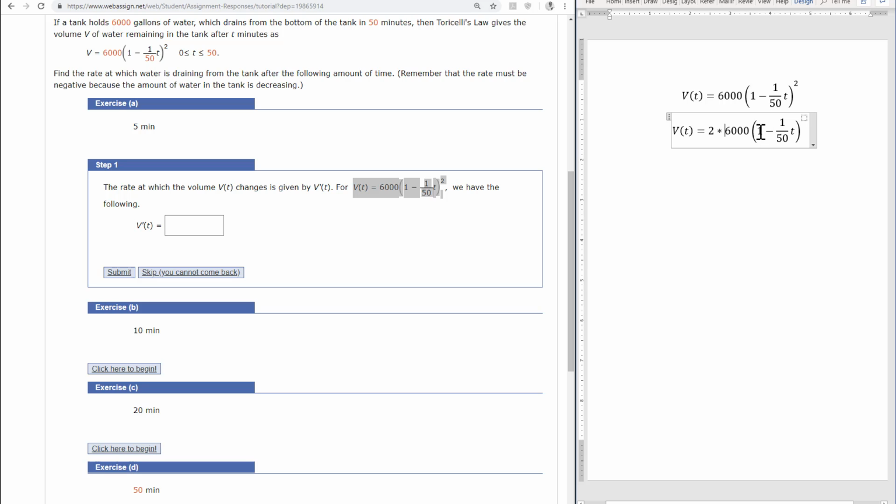Then this is going to be this to the first power, and the chain rule tells me that I need to take the derivative of the inside, and the inside is going to have a negative 1 over 50. So I probably want to put that in parentheses so it doesn't look like I'm subtracting.